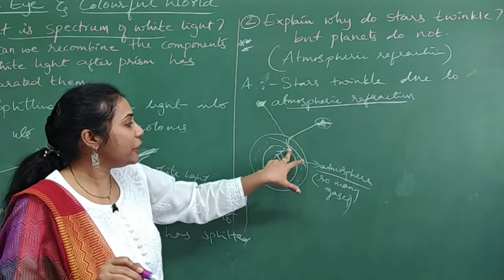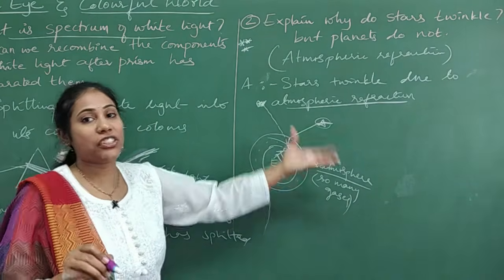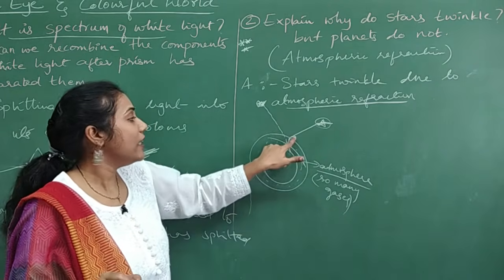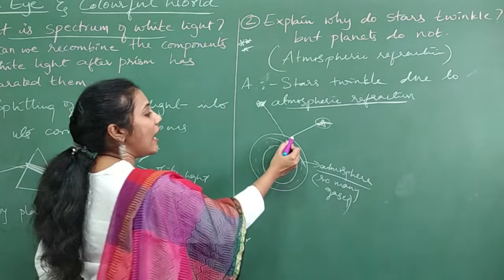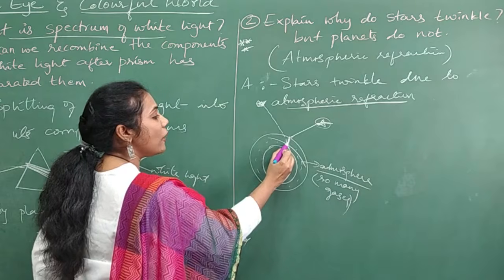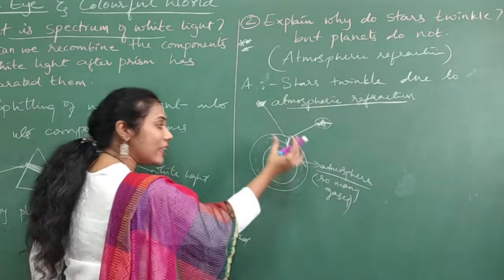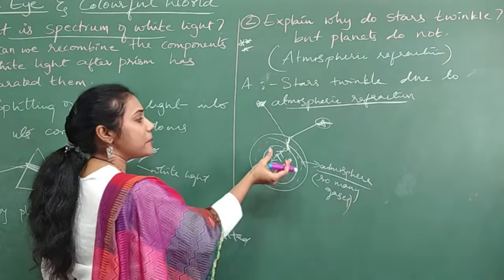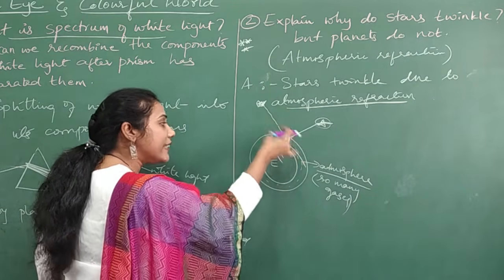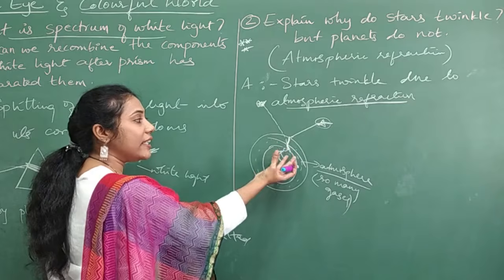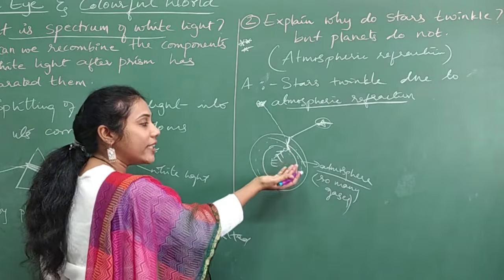Because of this continuous refractions, multiple refractions, I call it as multiple refraction, because one set of refraction occurred here, right? Another level of refraction occurred here. So it is because there are various gases present. It is because the temperature conditions are different in the atmosphere from one level to another level.